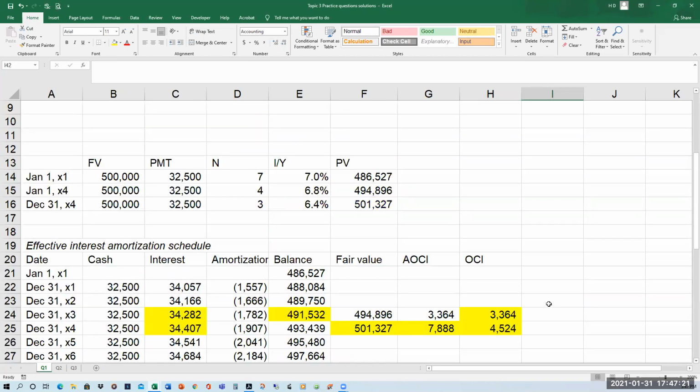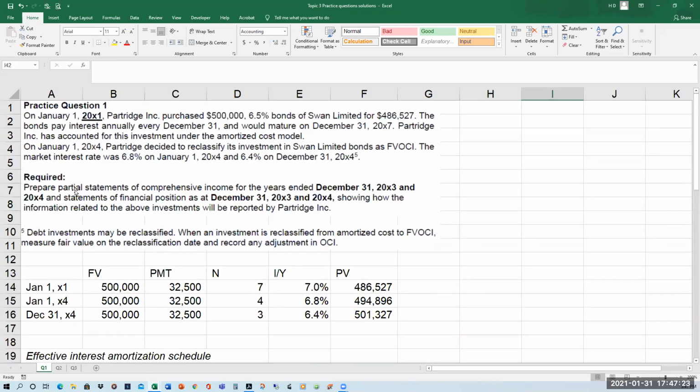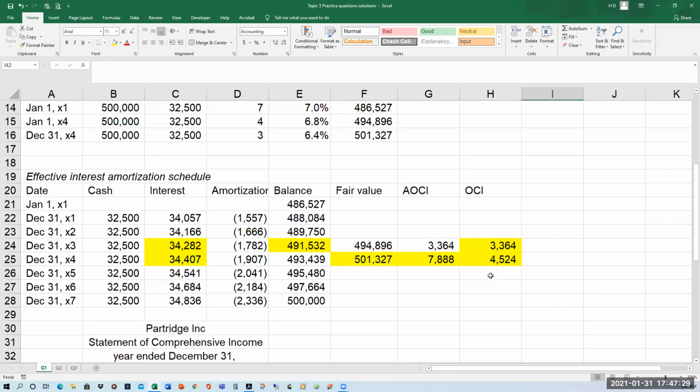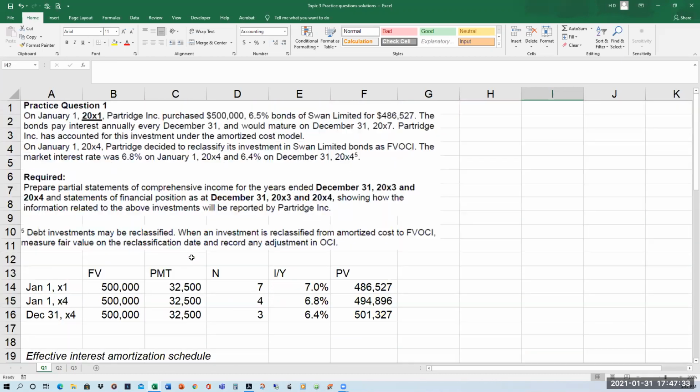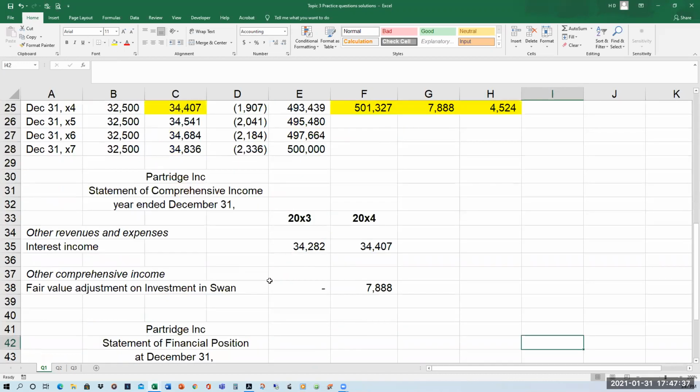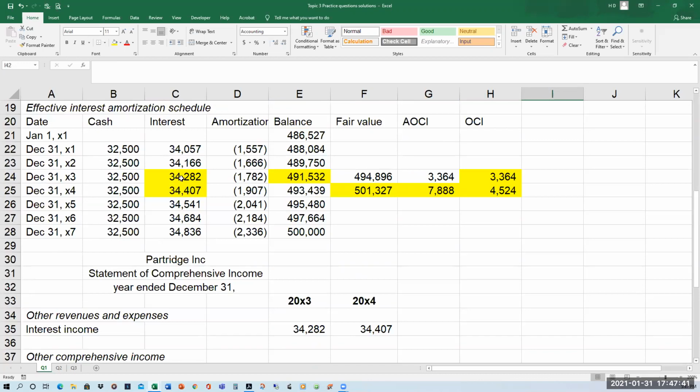So in a nutshell, the question had asked for partial statements of comprehensive income for years 2003 and 2004. Well, in the year 2003, since the investment was still being accounted for under the amortized cost model, we reported the interest income from the original effective interest schedule, 34,282.